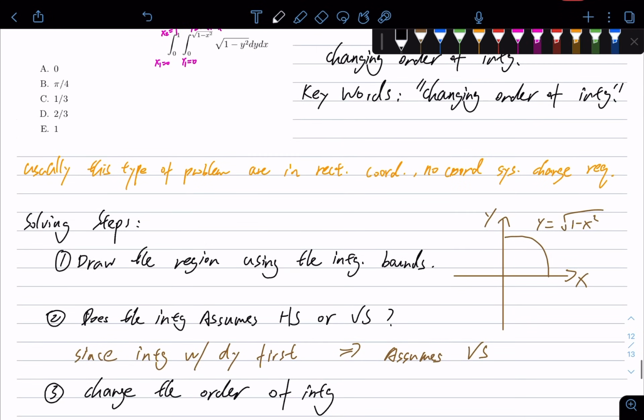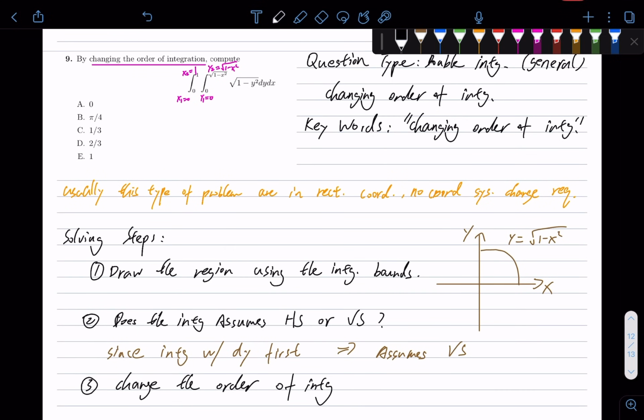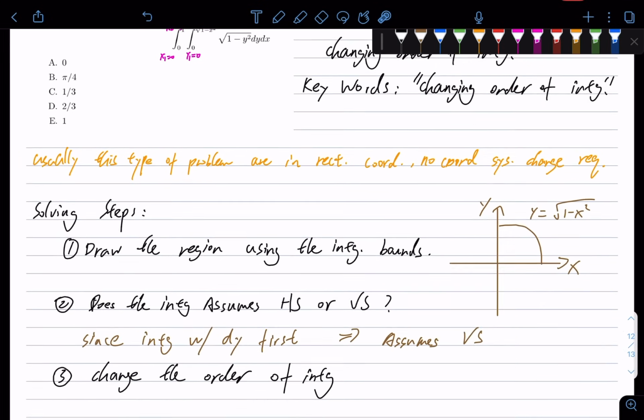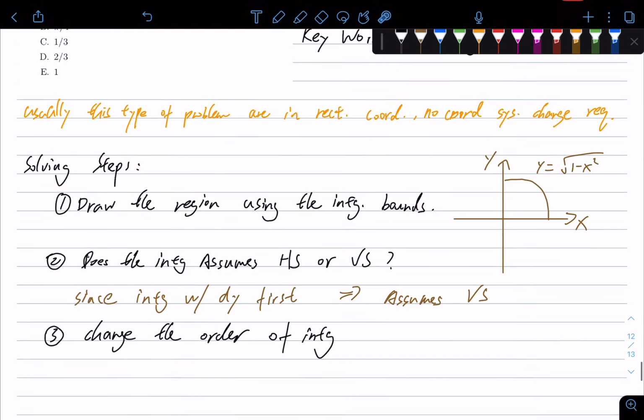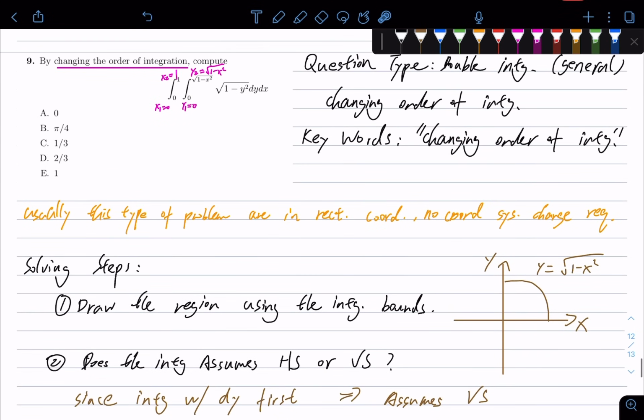So let's start with the inner bounds first. Instead of dy dx, now we're going to have dx dy.